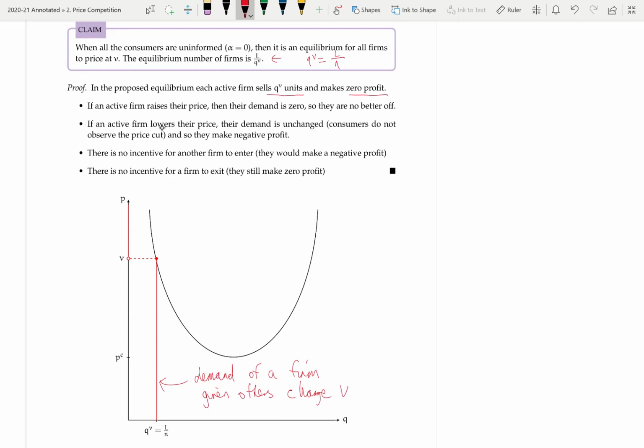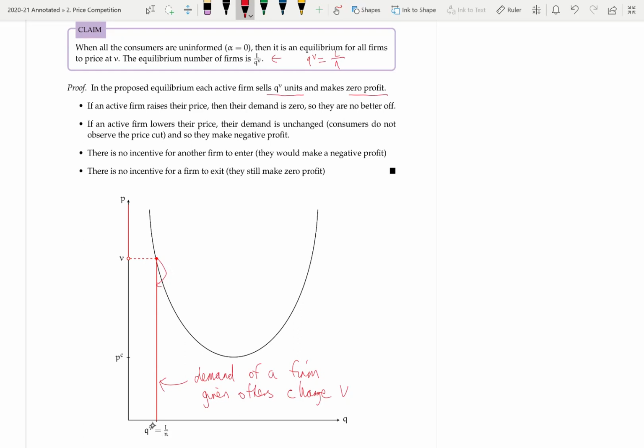If an active firm lowers their price, their demand is also going to be unchanged because consumers do not observe the price cut. And so actually they're going to make a negative profit because they'll be pricing below average cost. There is no incentive for another firm to enter because they would make a negative profit.